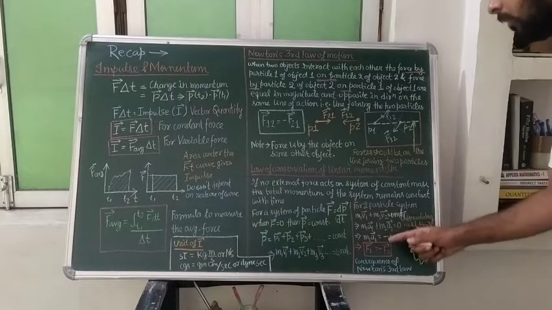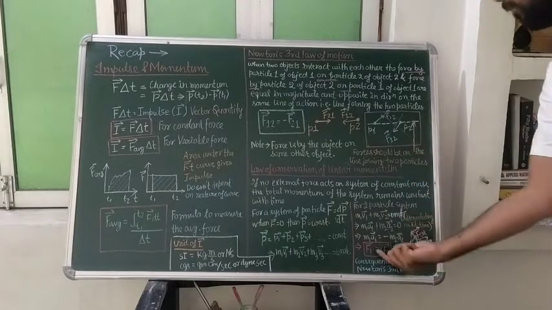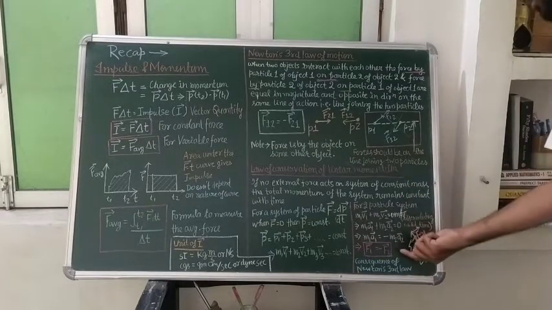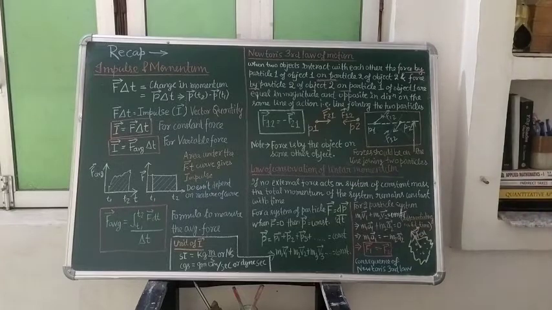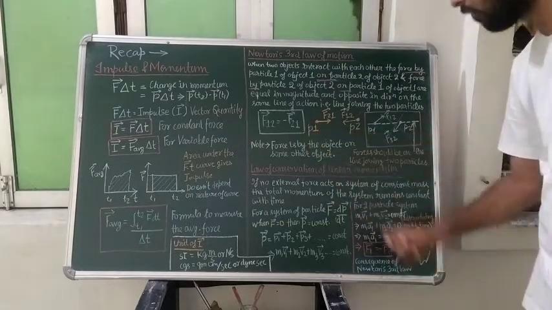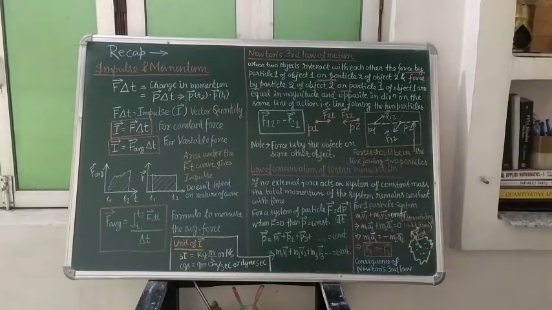What is m1a1? The force acting on particle 1. And m2a2 is the force acting on particle 2, with a negative sign. So it is the consequence of Newton's third law.